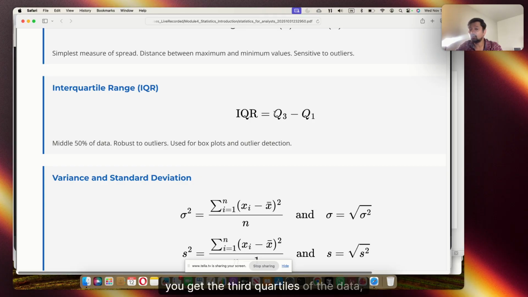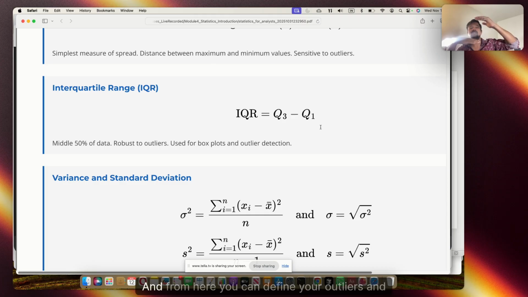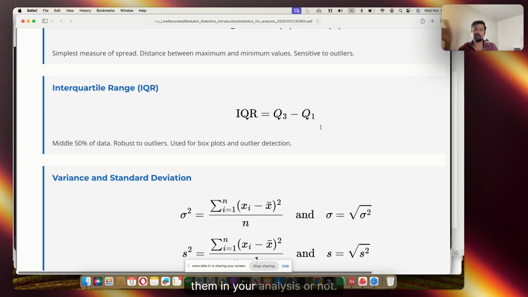You get the third quartile, at 75%, and the first quartile, at 25%. That gives you the IQR, the middle 50% of the data lying between these two values. From here you can define your outliers, and then decide whether you want to include them in your analysis or not.